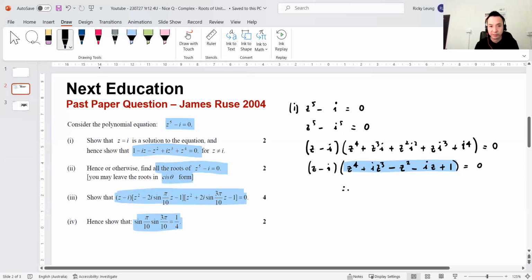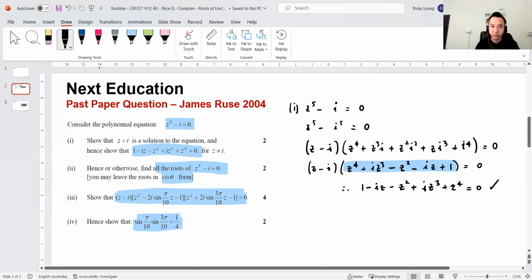Therefore, because there's two brackets equals 0 and z doesn't equal i in the question, I'm going to write it like they told me to in the question, so reverse the order: z^4 plus i z^3 minus z^2 minus i z plus 1 equals 0. 2 marks. All right, pretty stock standard, 2 marks.